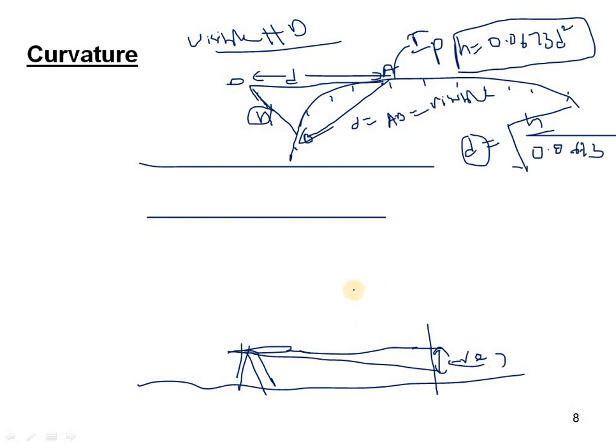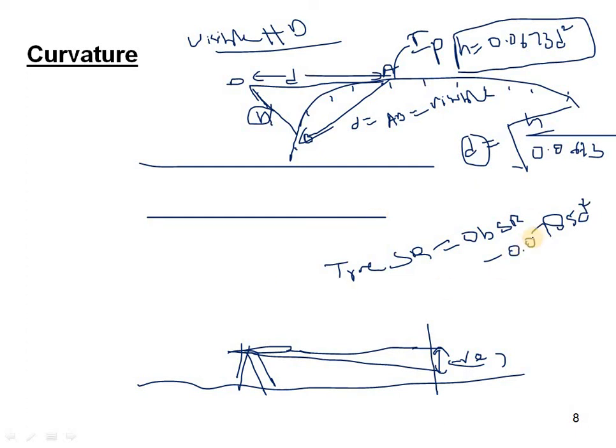For curvature correction, the true staff reading, in shortcut, is equal to the observed staff reading minus 0.0785 d square.